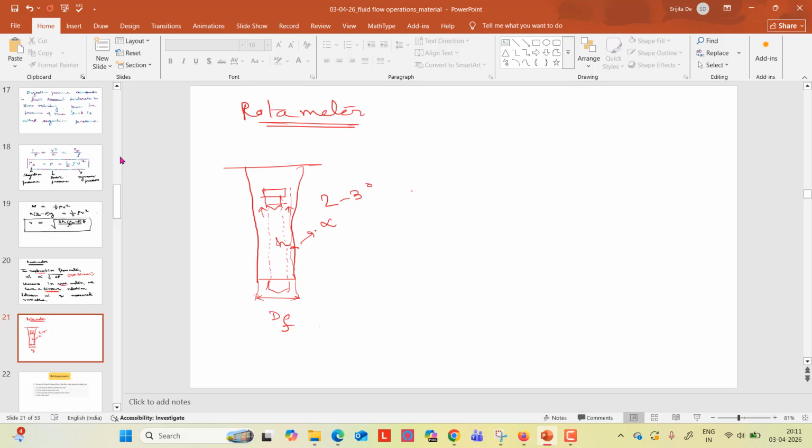So we'll now do the force balance of the float. So this object is called the float.